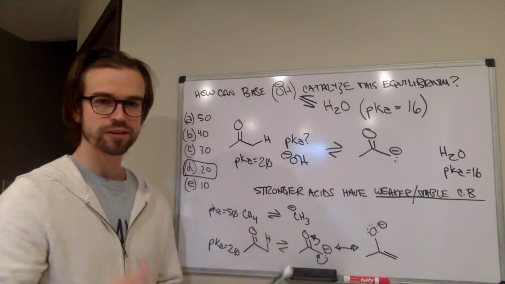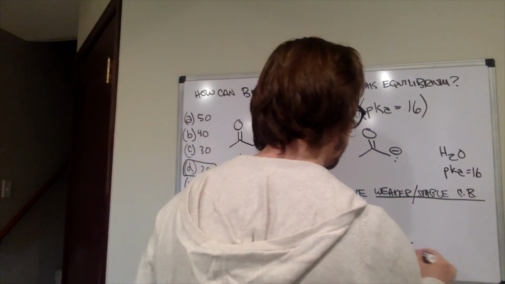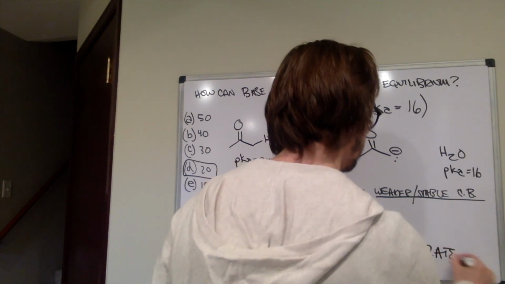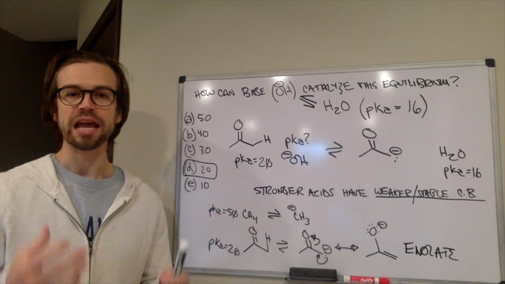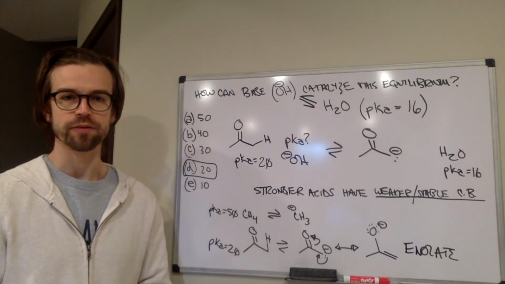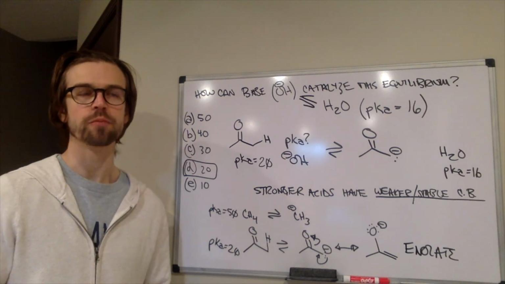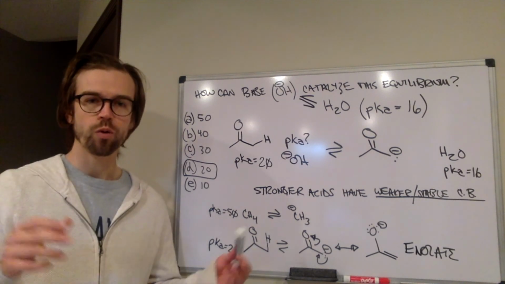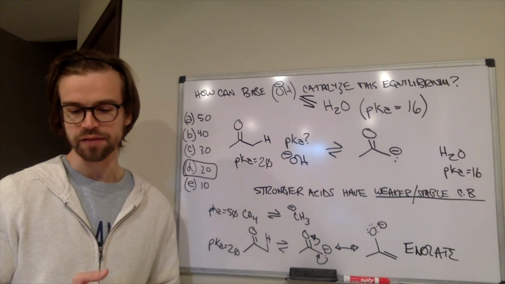The enol is when this OH is protonated. This is called the enolate. And any enolate equivalent will be able to add to an electrophile. So what we're going to do now is talk more about what enolate equivalents there are and how we can estimate those pKa values.